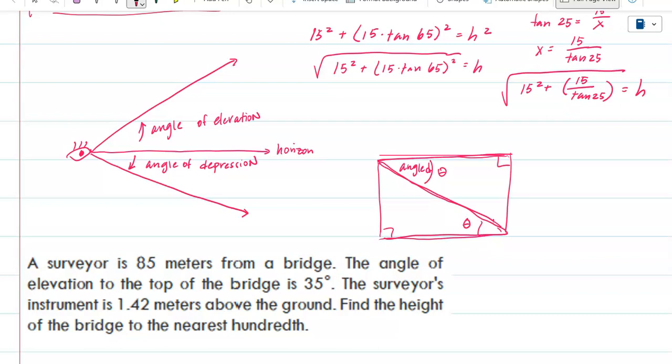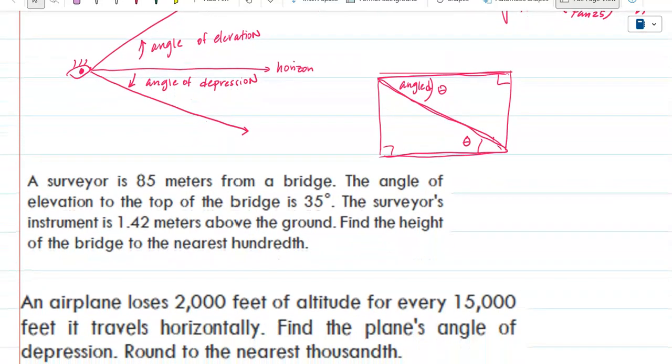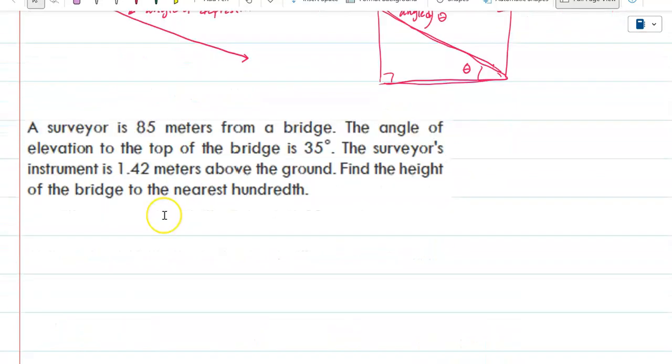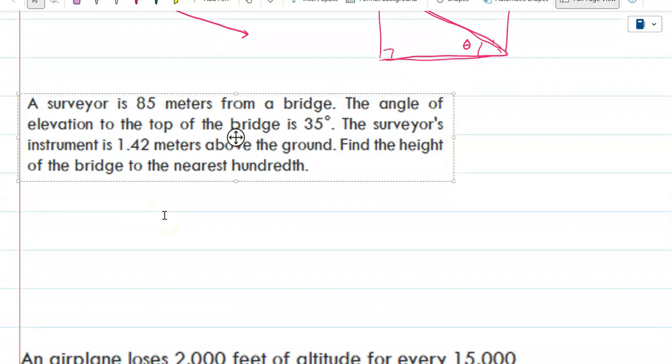Okay, so let's do this problem. It says a surveyor is 85 meters from a bridge. The angle of elevation to the top of the bridge is 35 degrees. The surveyor's instrument is 1.42 meters above the ground. Find the height of the bridge to the nearest hundredth. So it is very important that you draw this picture very well.